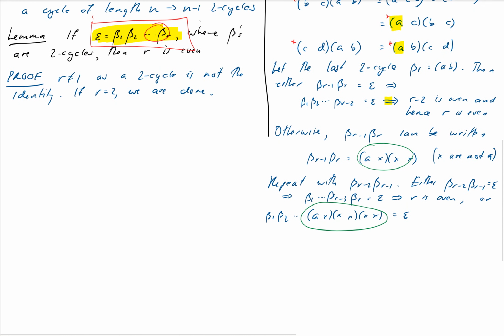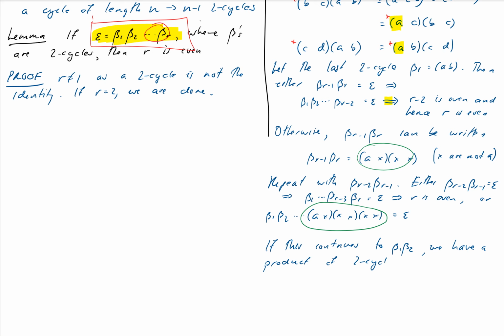So let's write a quick note as to what happens here. If this continues as far as beta 1, beta 2, we have a product of 2-cycles with A only occurring in the first one.